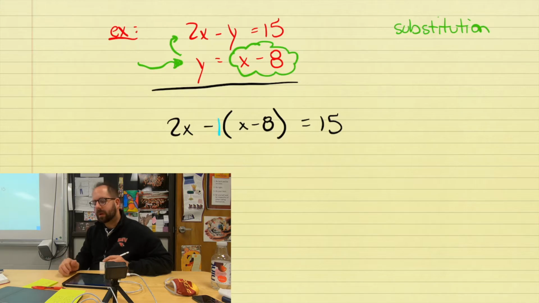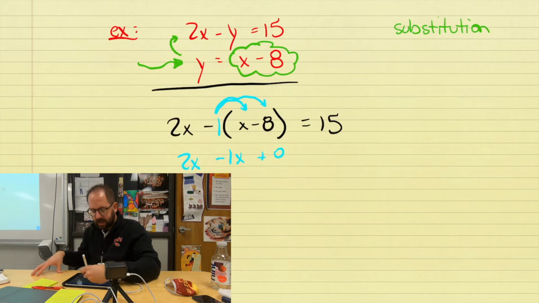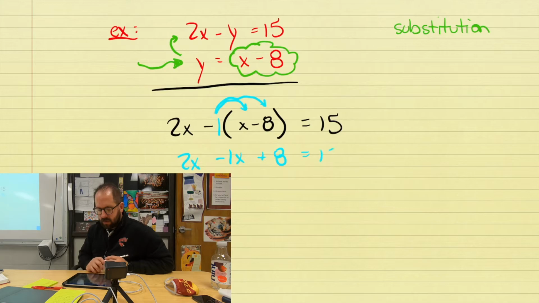You have to distribute this negative sign through the parenthesis, the negative 1. So this ends up being 2x minus 1x plus 8, because it's negative 1 times negative 8. So I distributed the negative 1 and multiplied it through. The 2x wasn't attached; the negative sign, the negative 1, is technically attached. And now we just solve.